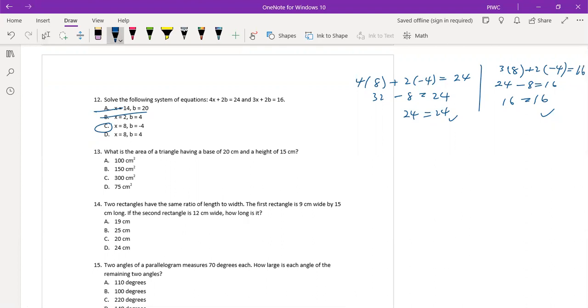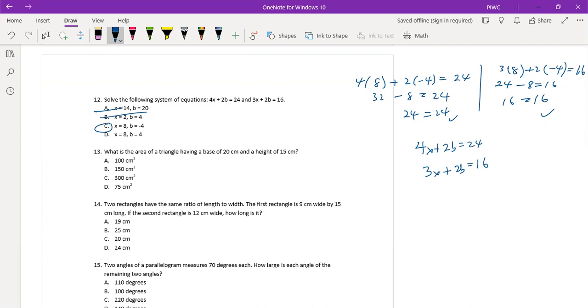In that case, if I have 4x plus 2b is equal to 24, I'm going to write the other equation underneath like this. Now I have to get rid of one of the variables, so I'm going to use the elimination method. I see 2b here, 2b there, but both are positive. I have to make one negative so that I can combine those two.